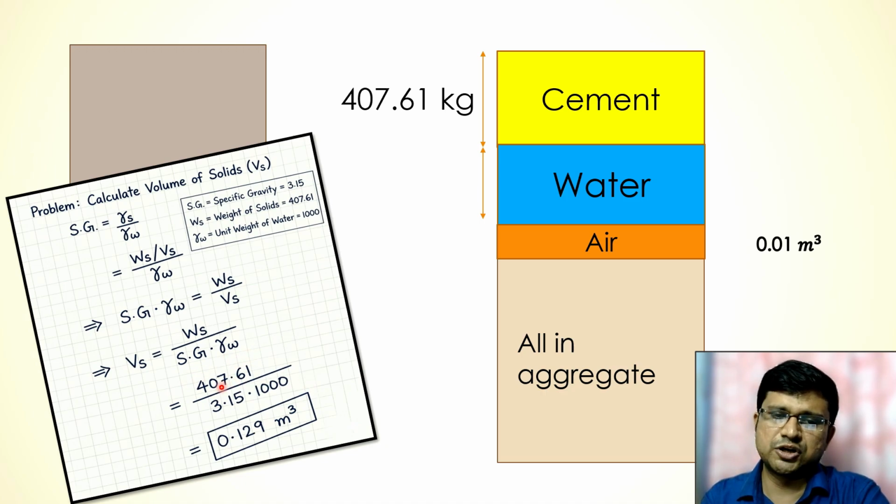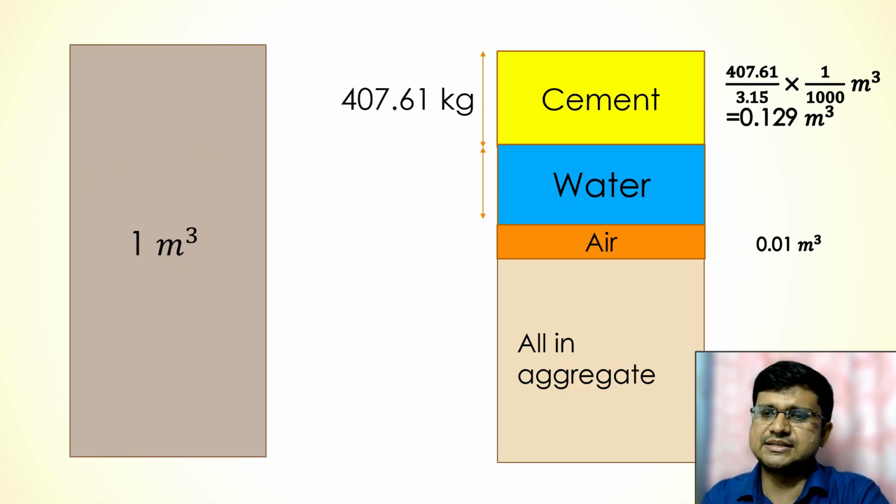Now what is the weight of solid? Weight of solid is 407.61 kg. Specific gravity is 3.15 for cement, and unit weight of water, how much? 1000 kg per meter cube. So the volume of cement is 0.129 meter cube.